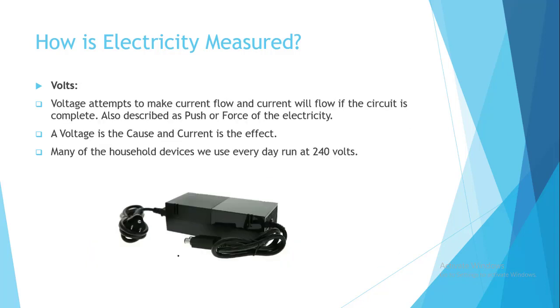Okay, so basically voltage attempts to make the current flow. Current will flow only if the circuit is complete, right? So for the current to move, there should be some force or push that is applied to that electricity. Basically, voltage is a cause and current is the effect.